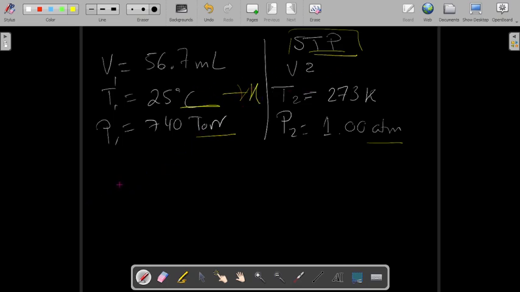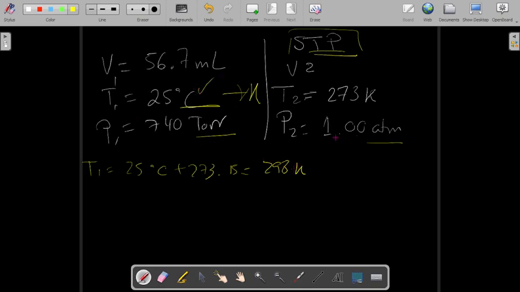So let's start with the temperature one. So temperature 1 equals 25 degrees Celsius plus 273.15. So if you do that, your new temperature is 298 Kelvin. Okay, great. So that is done.